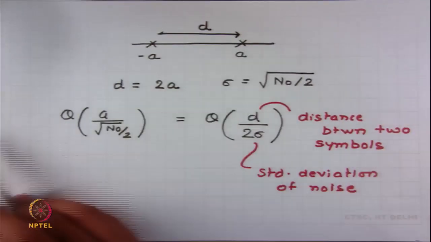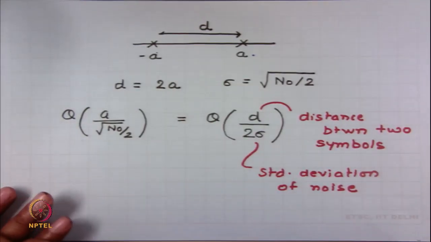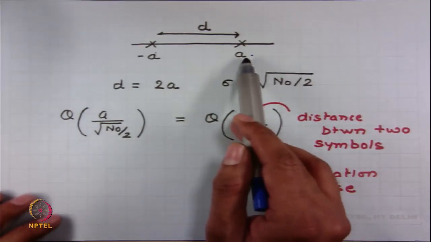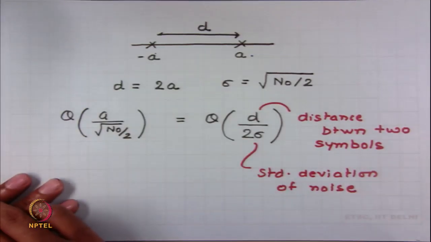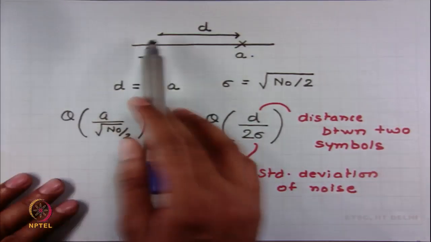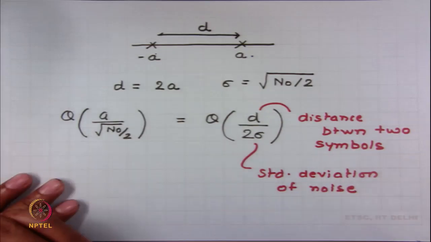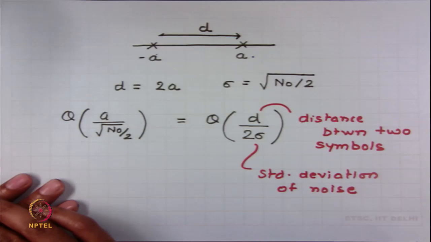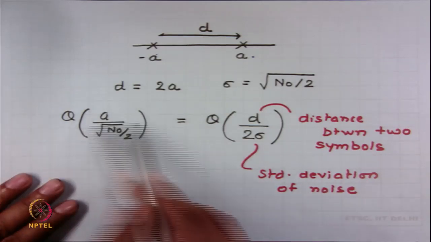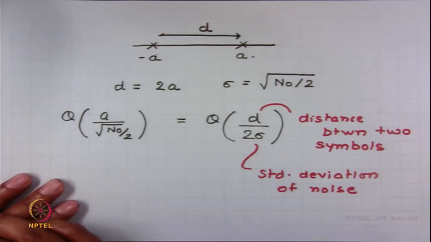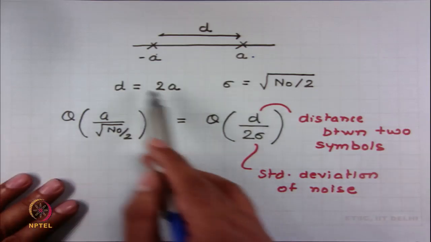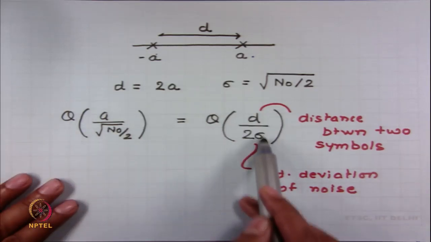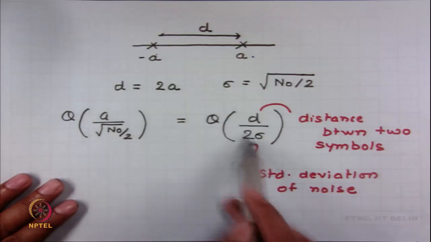For binary PAM we have two symbols, a symbol A and a symbol minus A. The distance between these two symbols is 2A, and we know that the standard deviation is root of N naught by 2. So, A divided by root of N naught by 2 is simply d by 2 over the standard deviation of noise, because A is d by 2.